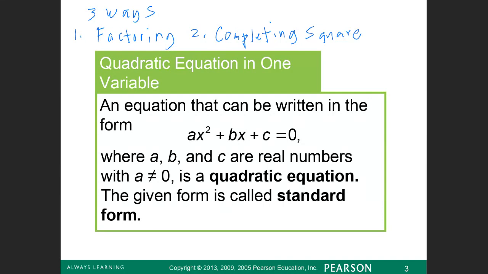And the third one is by quadratic formula. Again, there are three ways in order for you to find the value for x here.